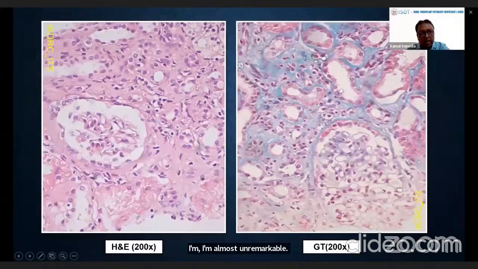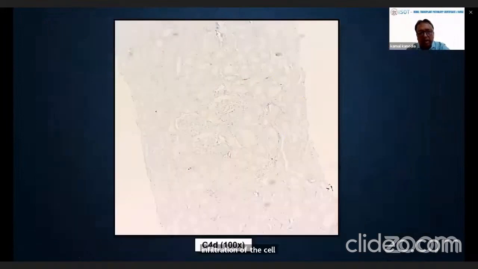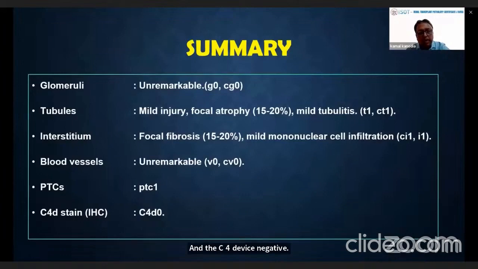Here also you can see this interstitial fibrosis with infiltration of the cells. And C4D was negative. If we summarize our findings, glomeruli were unremarkable, that is G0, CG0. Tubules showed mild injury, there was focal atrophy of 15 to 20%, mild tubulitis, interstitial fibrosis of 15 to 20%, and mild mononuclear infiltration.